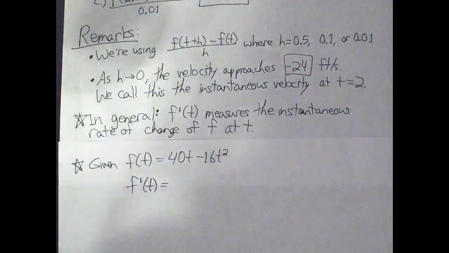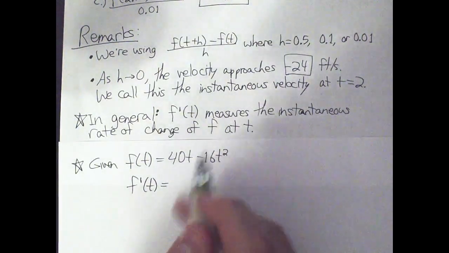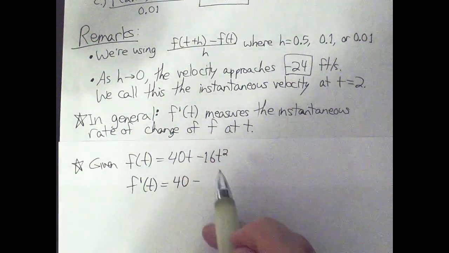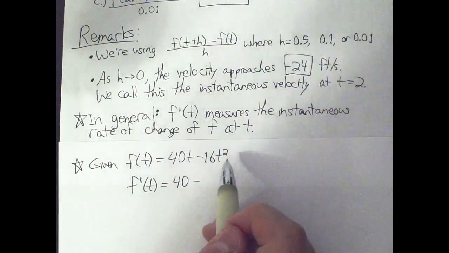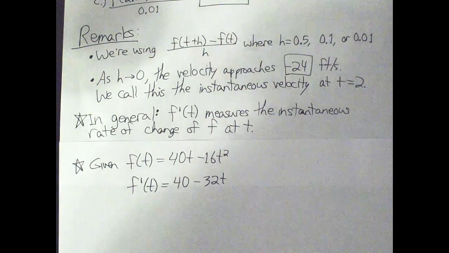All of the same rules still apply. You might have to just shift your thinking a little bit, apply the rules with t's instead of x's. But the derivative of 40t is going to be 40. The derivative of 16t squared, the 2 is going to come down out front, 32t. The 2 came down and got multiplied by the 16.